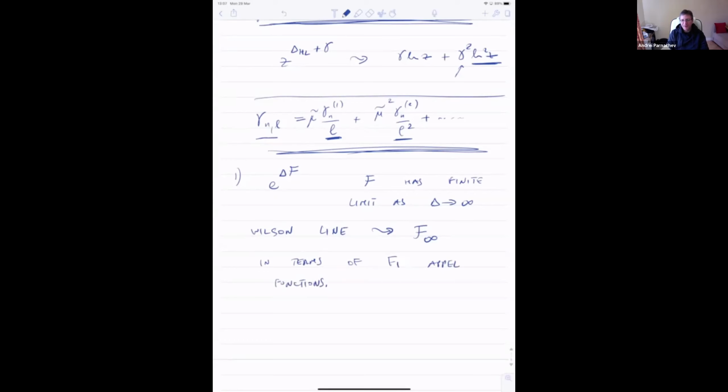And then you can compare the gravity Wilson line calculation and the delta equals infinity limit of the bootstrap procedure that I just discussed, and the two sides perfectly agree. But the good thing about the gravity result is that it gives you a closed form expression.